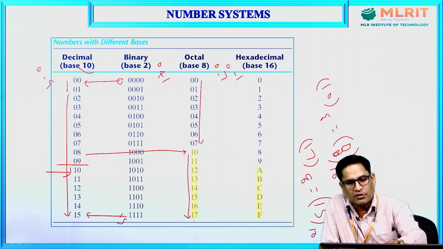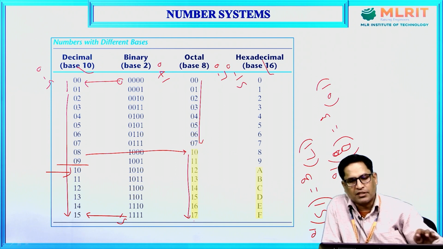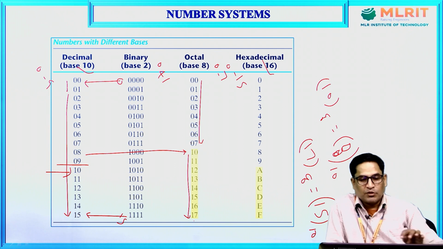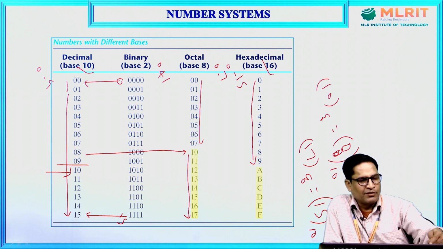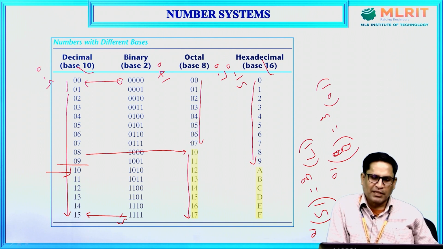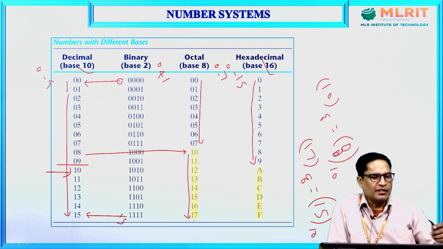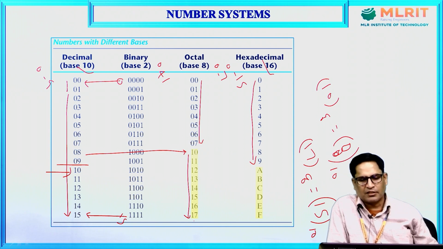Similarly, come to the hexadecimal number system. The number constituents are 0 to 15 and that's why the base is 16. The digits 0 to 9 are taken from the decimal number system, the same. That means the representation of digits from 0 to 9 in decimal as well as in hexadecimal is the same.